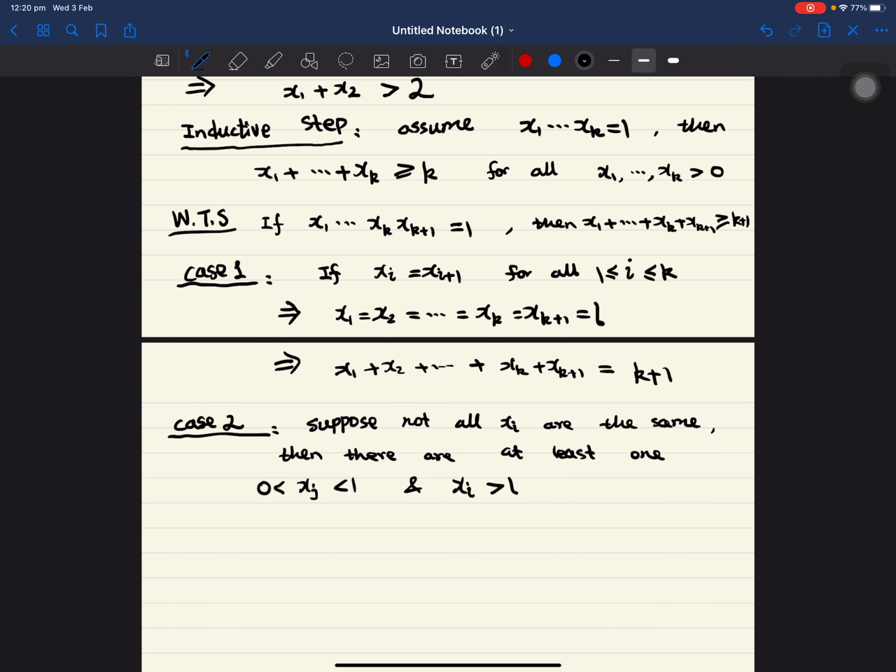So once again, without loss of generality, we assume x1 is between 0 and 1, and x(k+1) is greater than 1.